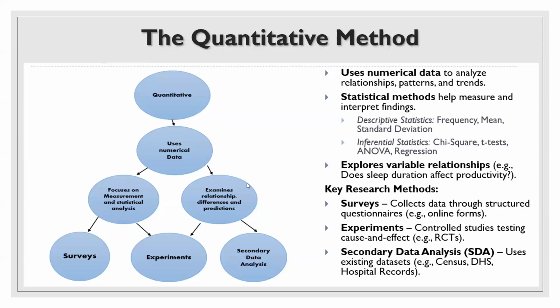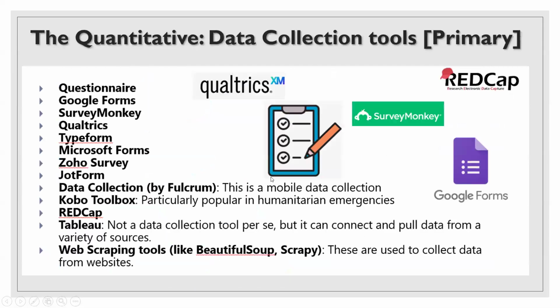So for the quantitative method, you can do your own primary data collection, meaning you design your own questionnaire, but you have to appreciate that if you're designing your own questionnaire, it has to also go through the different validity processes.